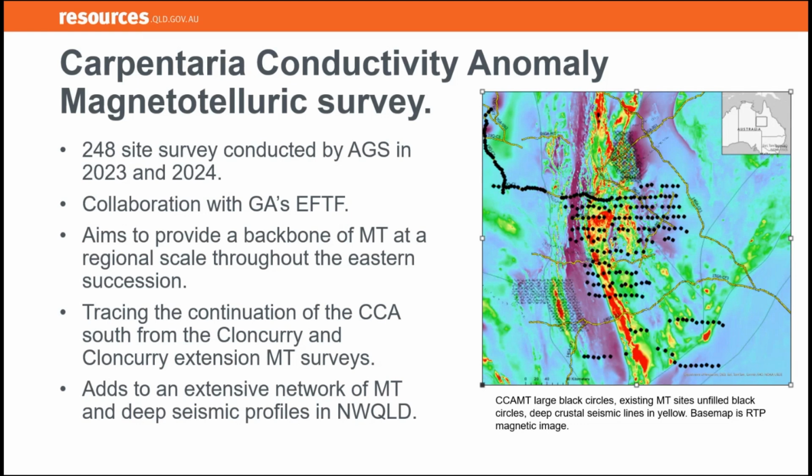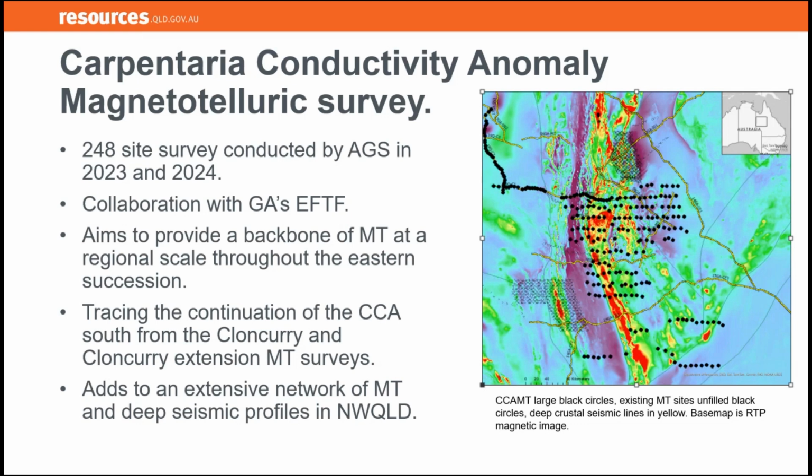to enable a better understanding of what is a massive conductivity anomaly that comes all the way from the Cape York or the Gulf of Carpentaria and down through Queensland and in through Australia, into South Australia as well. So really, the last couple of programs we've done through MT, both in the Cloncurry MT surveys and the Boulia MT surveys and the profiles along CF2 and CF3 seismic, have really traced that anomaly.